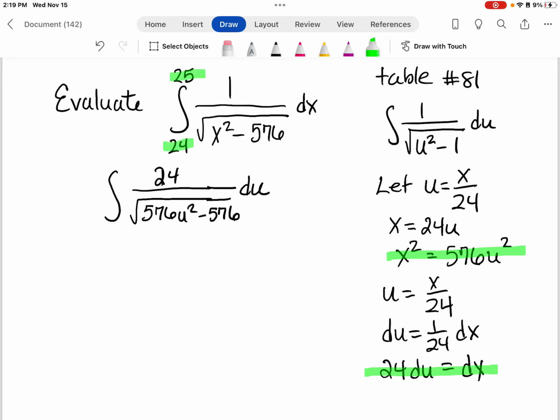And now we have to also change our limits of integration so that it's in terms of u. So when I plug in x is 24, the value in terms of u will be 1. And then when I put in 25, my upper limit of integration is going to be 25 over 24.